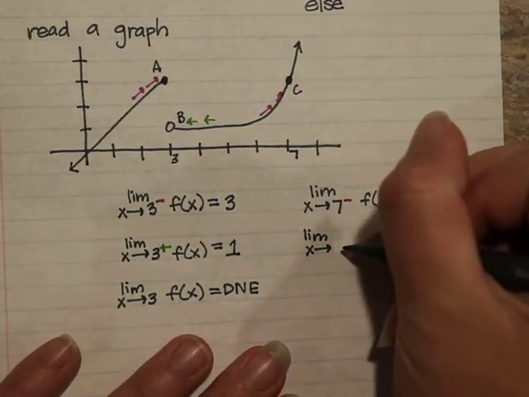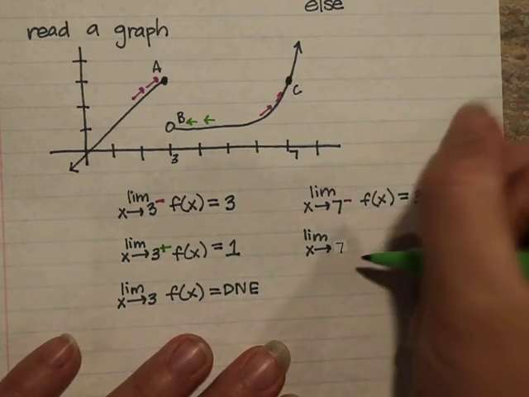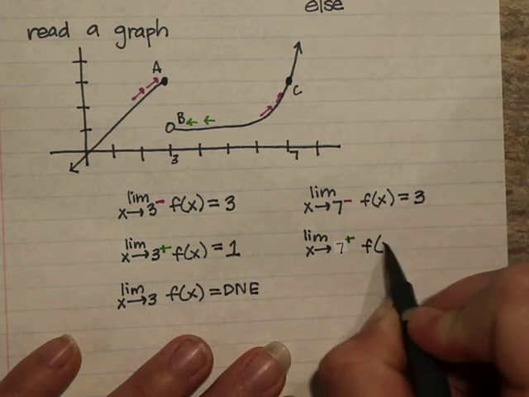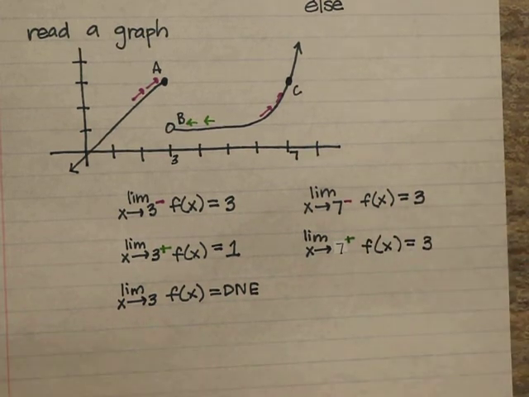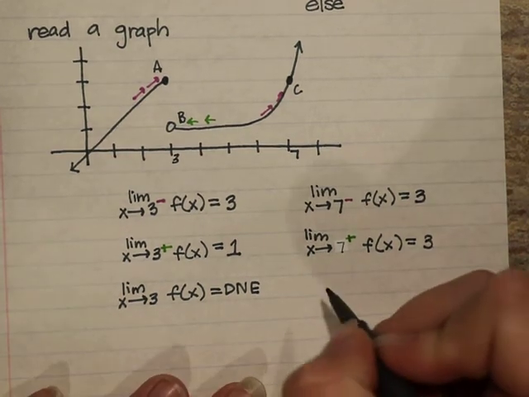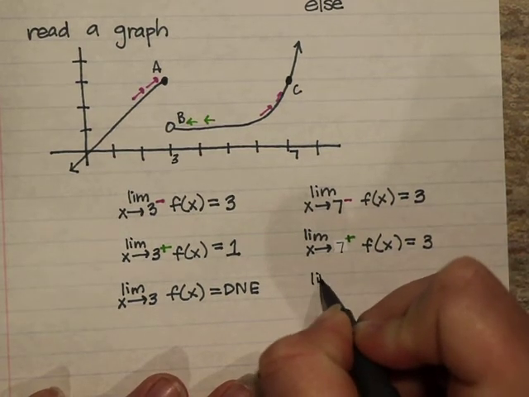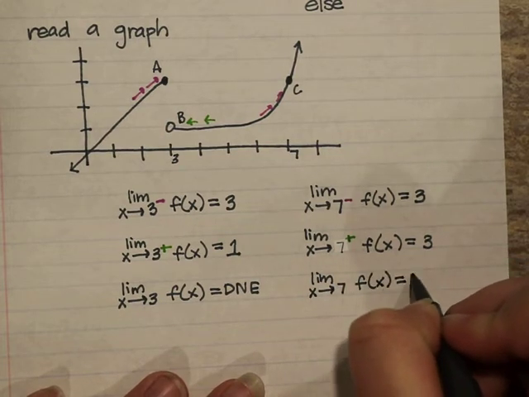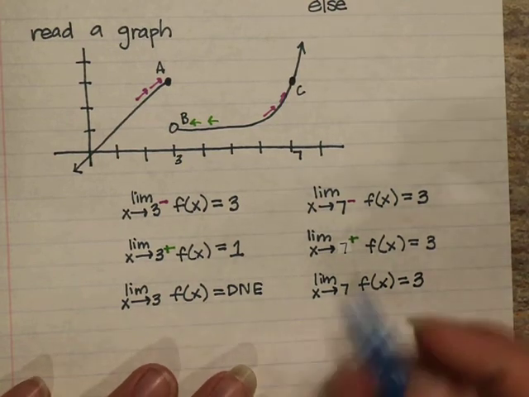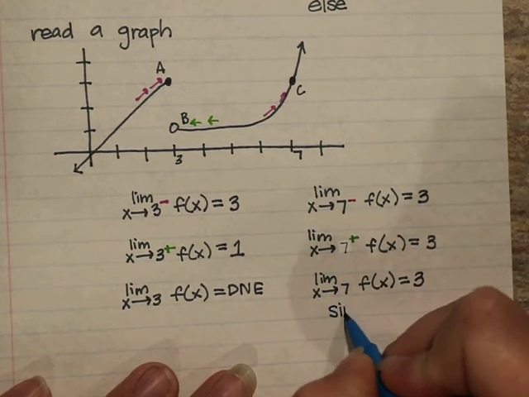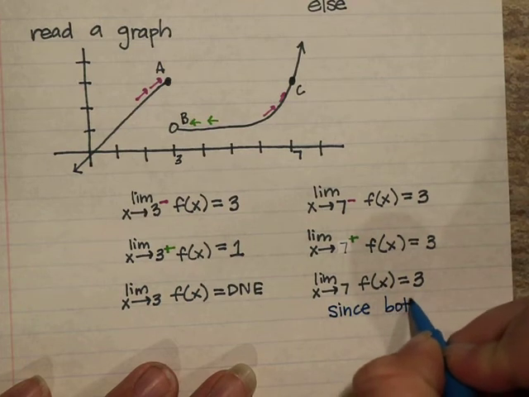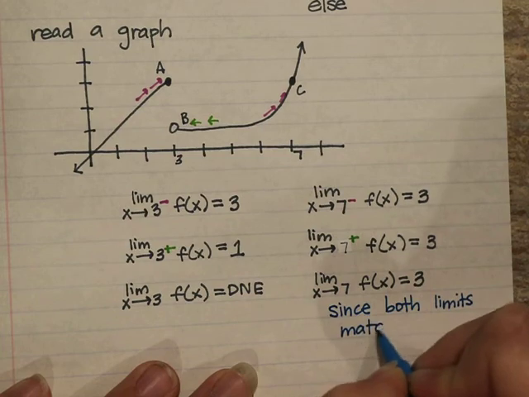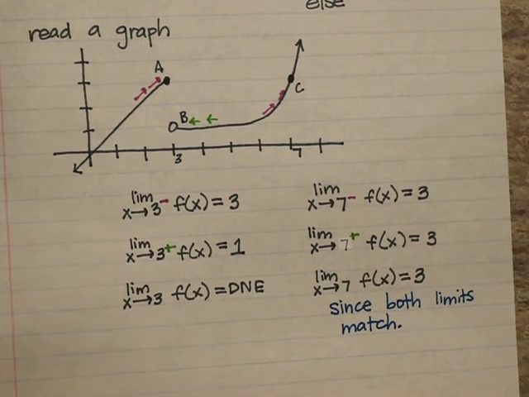If I come at 7 from the right, once again, it's 3. And since they agree, the left-hand limit and the right-hand limit, since both limits match, then we can actually say what our limit is.